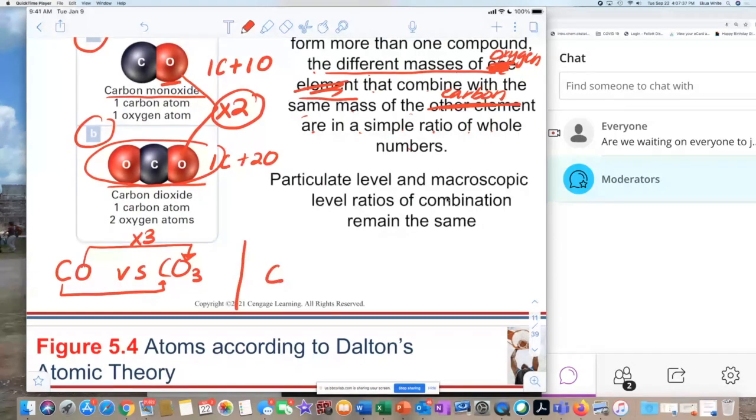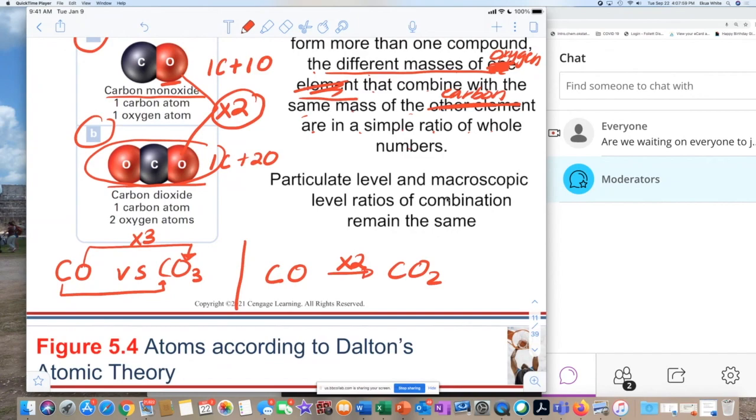What we just saw, CO to CO2, we have 2 times the number of oxygen, okay? So twice the number of oxygen, and then here we have 3 times the number of oxygen, okay?